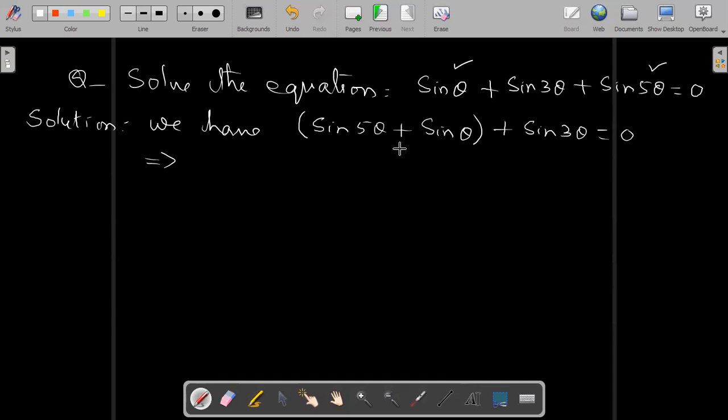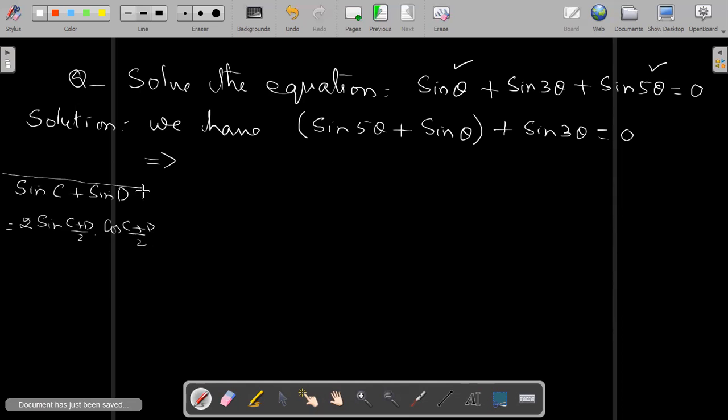So sin C plus sin D. Now you know the formula for sin C plus sin D. Here I am writing the formula again and again for you. As I told you, the first part will be sin and cos: sin of C plus D by 2 and cos of C minus D by 2. This formula is applied here.